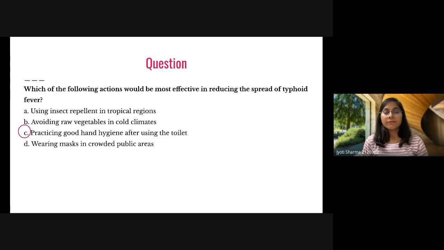For example, in feces we have bacteria that can cause typhoid. So if we wash our hands after the toilet, that's how we can avoid that bacteria coming into contact with the human body, and this is how we can reduce the spread of typhoid fever.